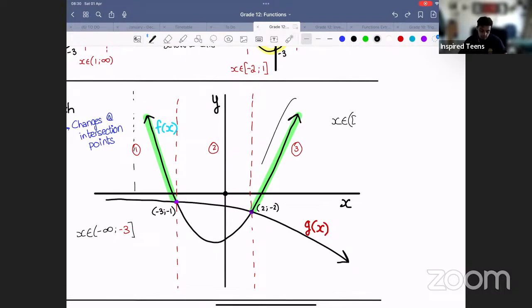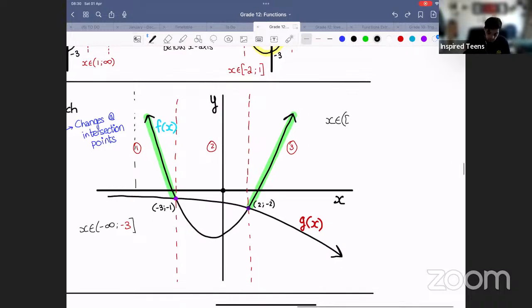The most left value of section 3. Positive 2. Okay, are we sure it's not -2? Positive 2 indeed. Positive 2 is the correct answer.